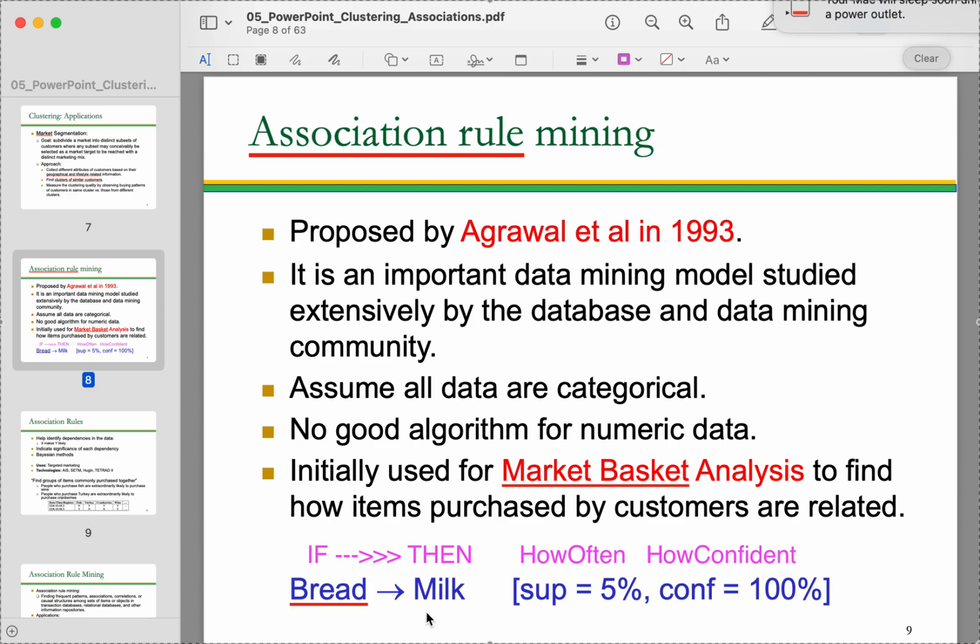This could work for services as well. Let's say a phone company is offering certain services: voicemail, caller ID, call forwarding. How often would people that buy voicemail and caller ID also buy call forwarding?